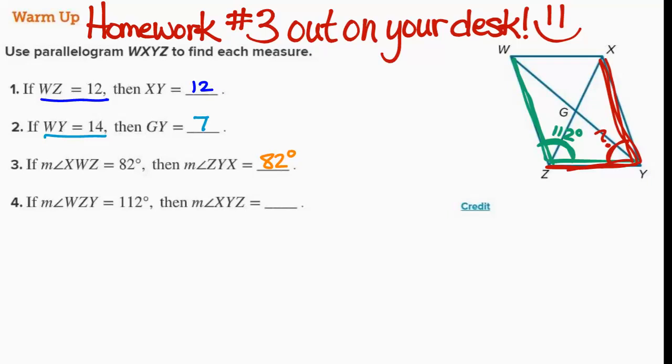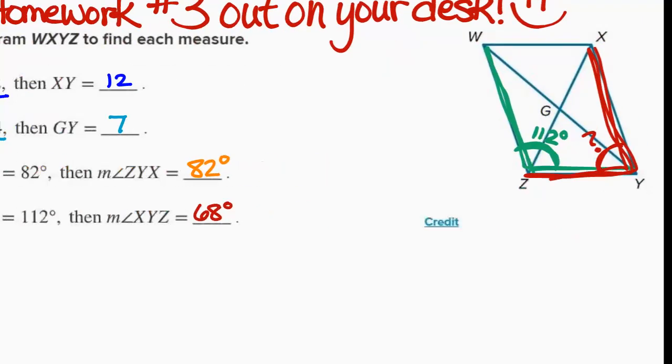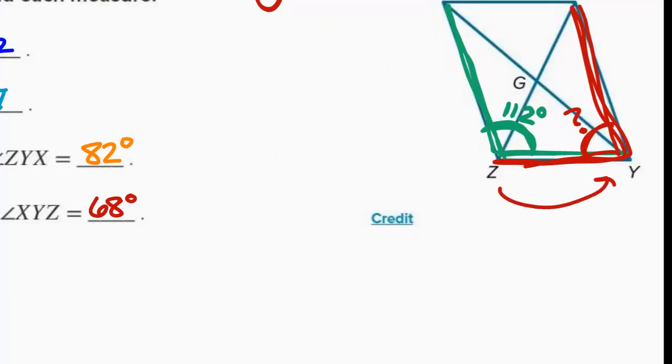Close. What'd you say? 68. Yes. Let's look at Y. These two angles here are consecutive angles. They're on the same side of the parallelogram. They're both on the bottom. And consecutive angles are supplementary.